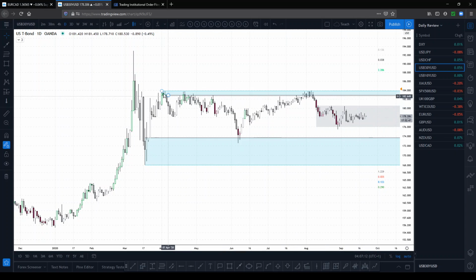Why do I say that? Because we have a roof of supply above there and a basement of demand below there. So any breakouts of the tightening, we would still have to watch for traders to want to buy it at this level or sell it at that level, unless we get a breakdown outside of this blue area or a breakout outside of that upper blue area. For now, nothing much to do.